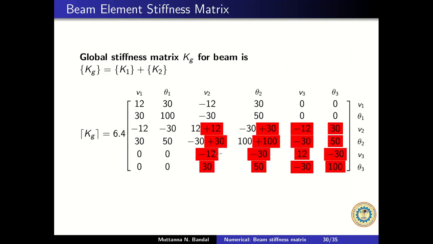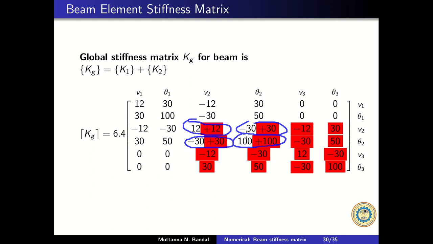That is shown in the next slide, like Kg is equal to K1 plus K2, and these terms are added. I have already shown this in the previous problem. I hope you have followed this. The rest of all elements will be the same as it is.